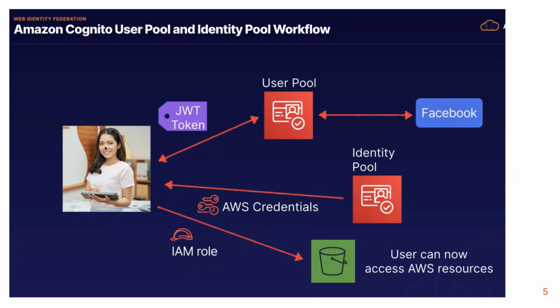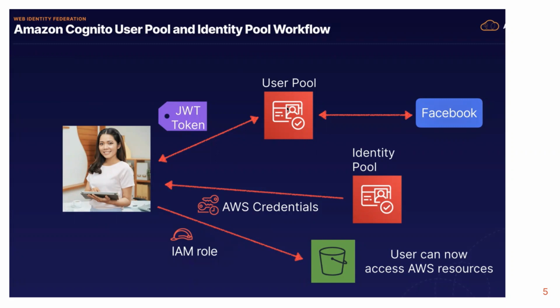So imagine this is a user and she wants to access an application. What would happen is she would go to the user pool, and there are no passwords actually being set here.